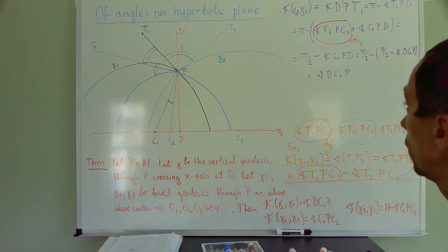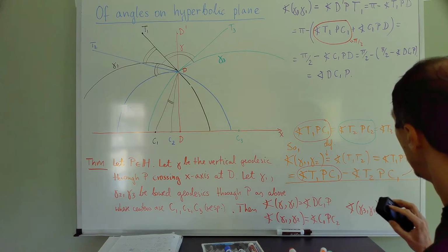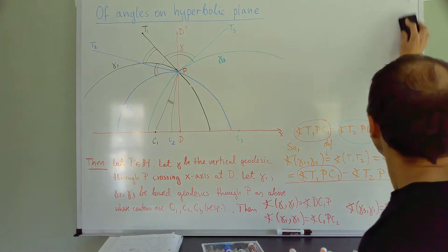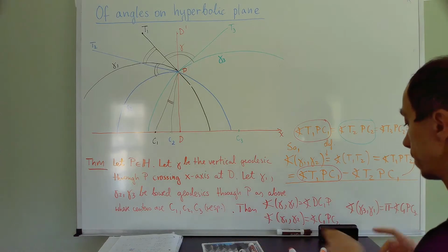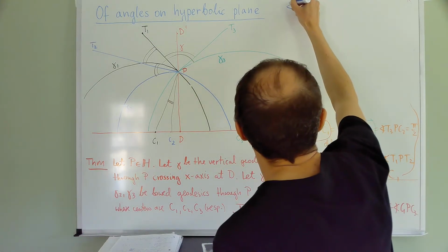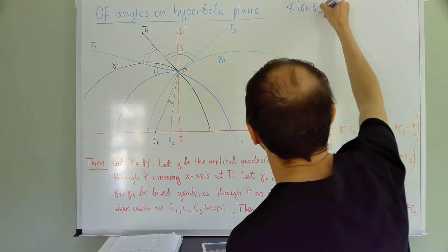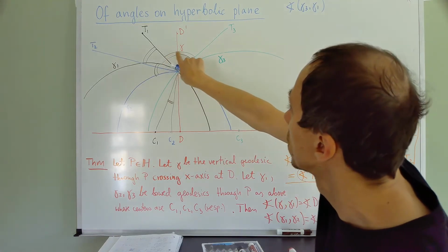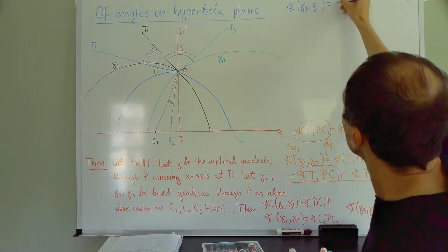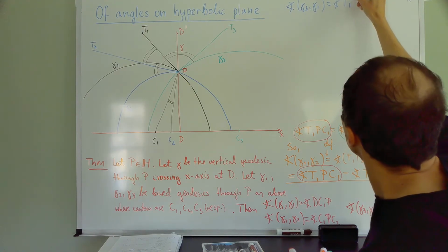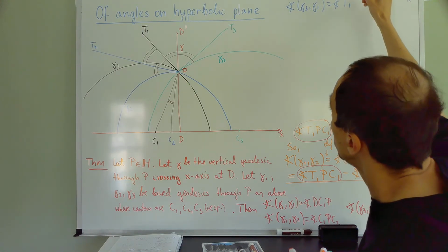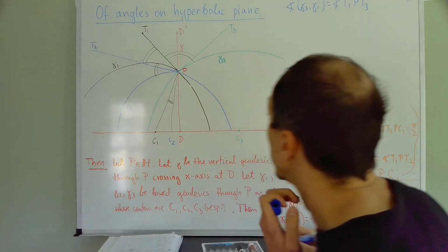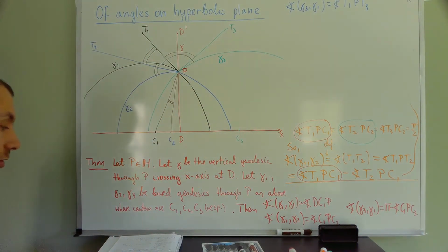Let's do the third one now. I'll erase this. So we're looking now at the angle gamma 3 gamma 1. That's this angle here, the single arc, which is the same as this gamma. So that's the angle between T1 P T3, by definition, the angle between these two tangent lines.